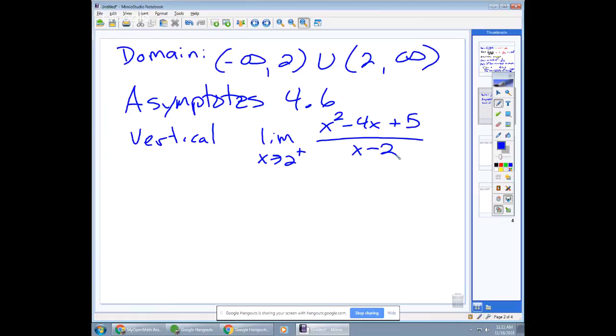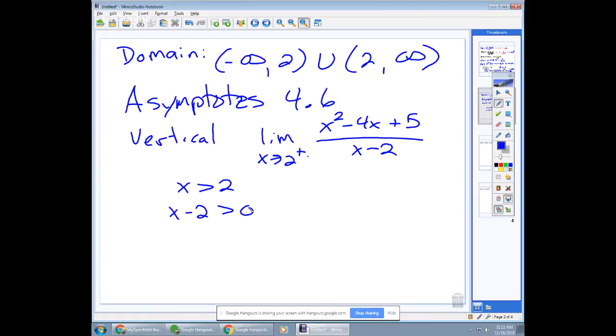Okay. So what do I know right now? I know that the x value I'm picking is greater than 2 because I'm on the right side. Agreed? But it's close to 2. So if I'm close to 2, x minus 2, the denominator, is going to be greater than 0. Right?